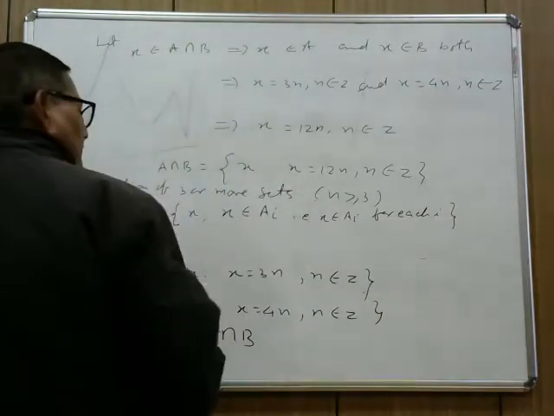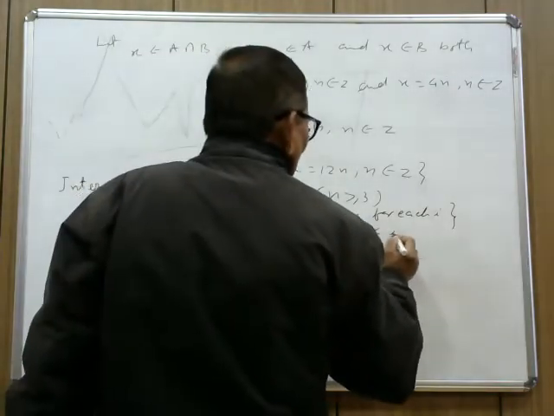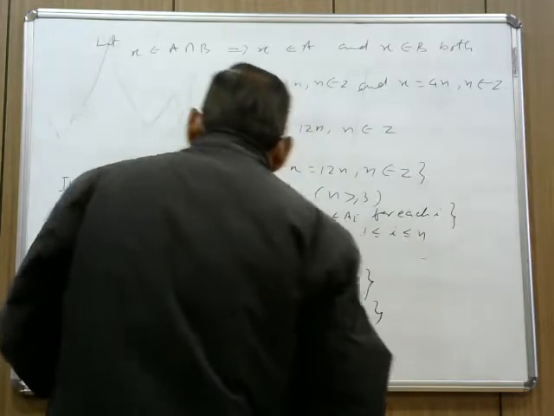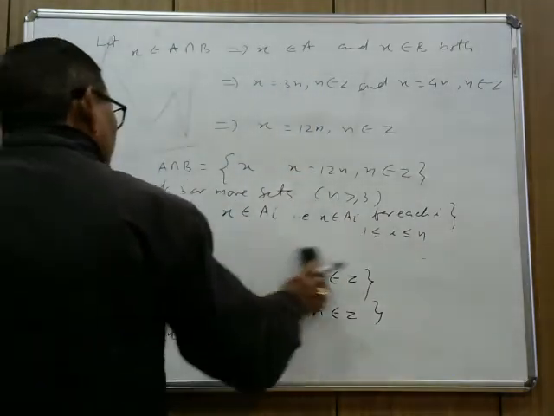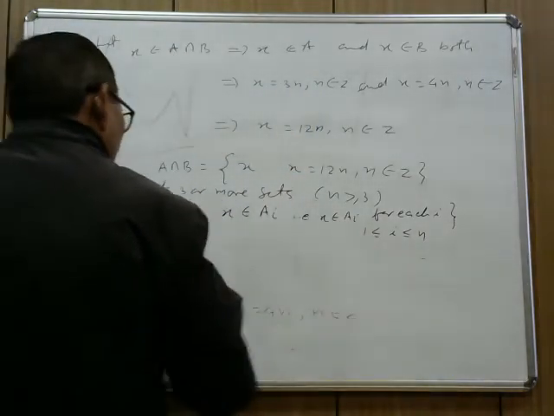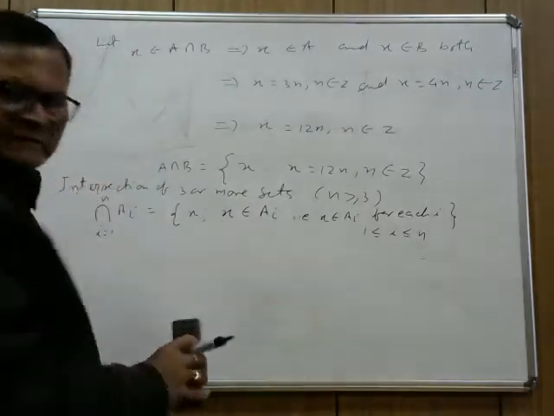You may write 1 is less than or equal to i is less than or equal to n. So in this way we are defining the intersection of three or more sets.